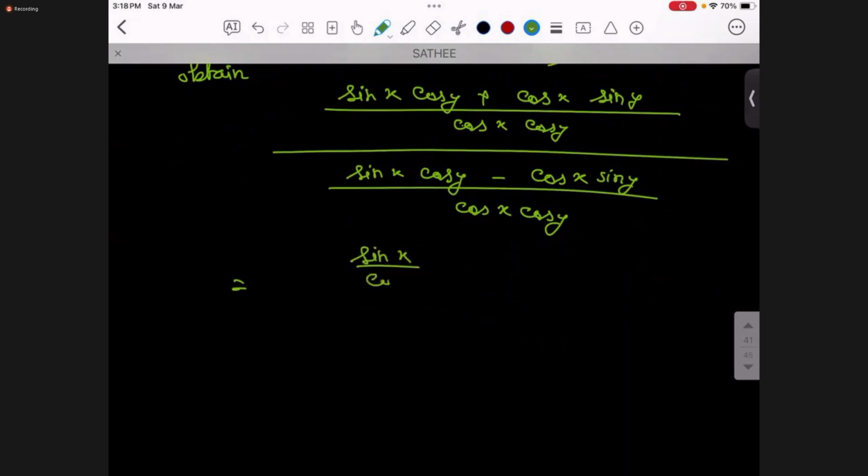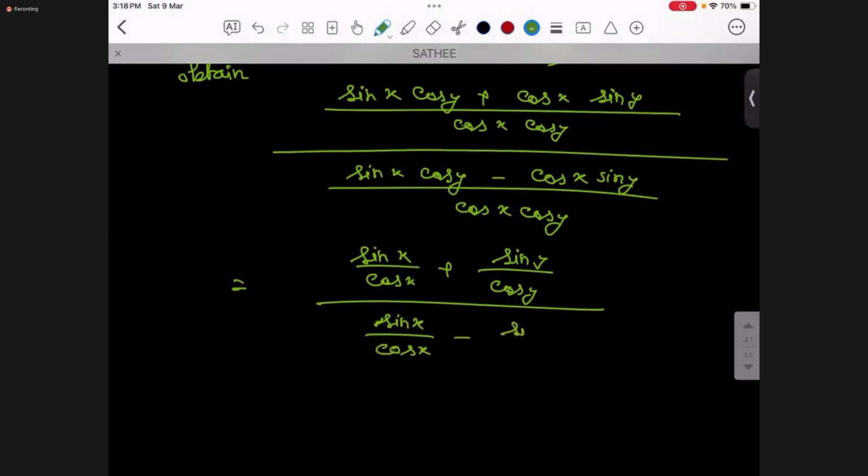sin x by cos x plus sin y by cos y, sin x by cos x minus sin y by cos y.